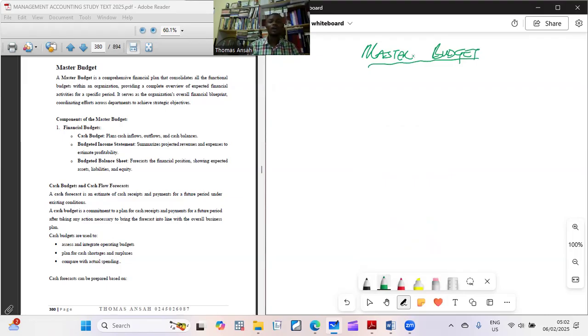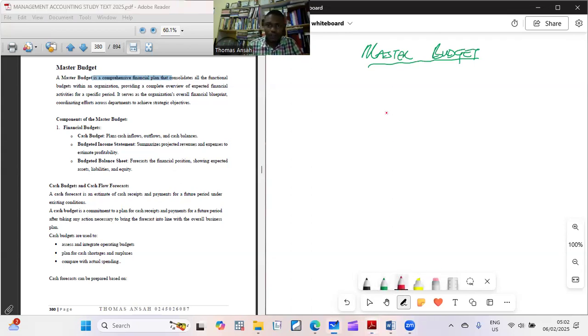We explained that the master budget is a comprehensive financial plan. We've done the functional budget, and this one is a comprehensive plan that consolidates all the functional budgets you did within an organization. It therefore provides an overview of how the expected financial activities are going to be.